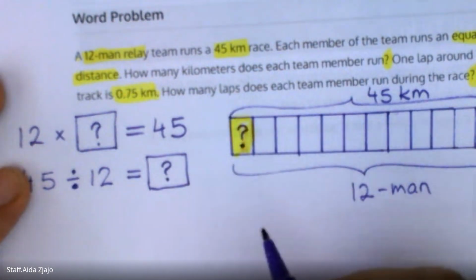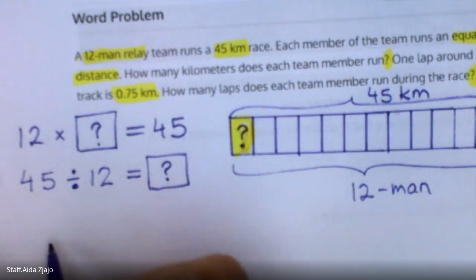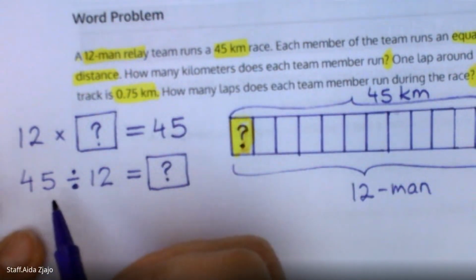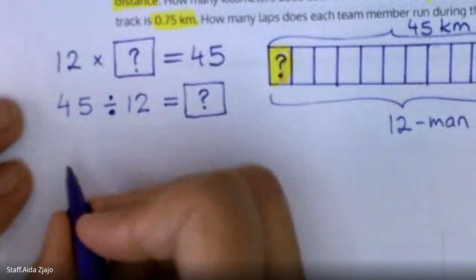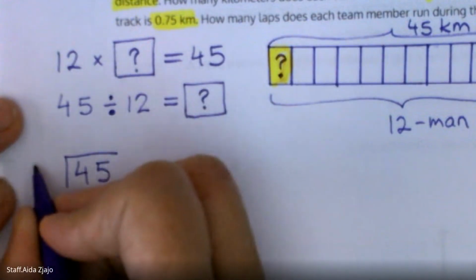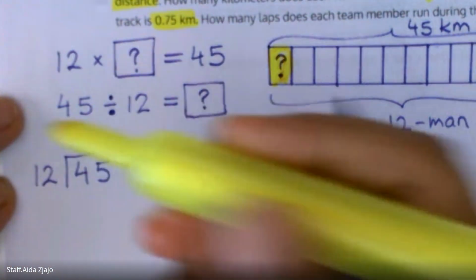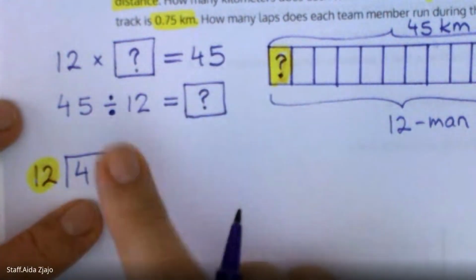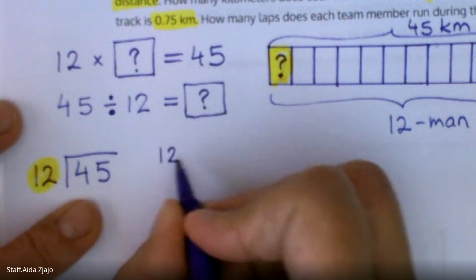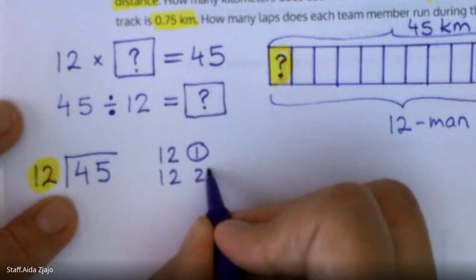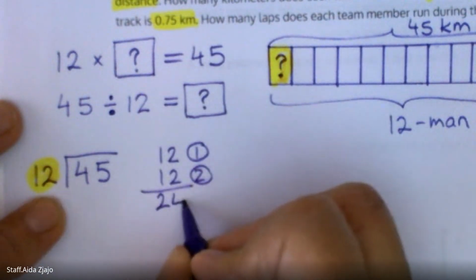Okay, so if we do the standard algorithm, we can think how many 12s are in 45. So if we do 45 and 12, our group is 12. How many 12s are in 45? We can add 12, that's one group. If I add one more, that would be two groups, that's 24.